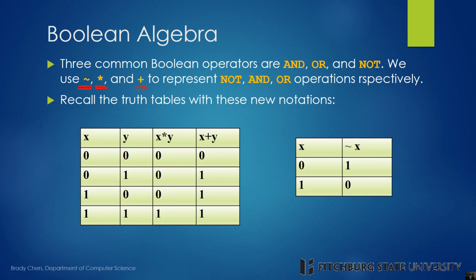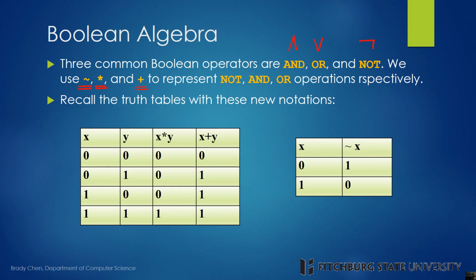Remember, in Module 1, we used a different set of symbols. Remember these three symbols: the angle up, we use this to represent and, angle down we use to represent or, and this represents not.